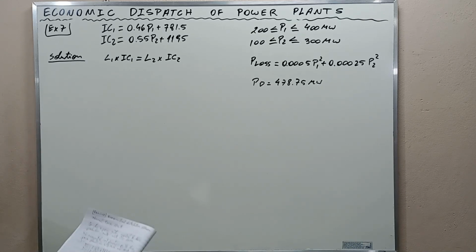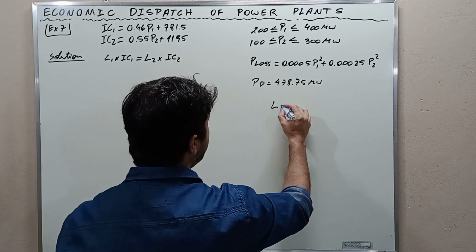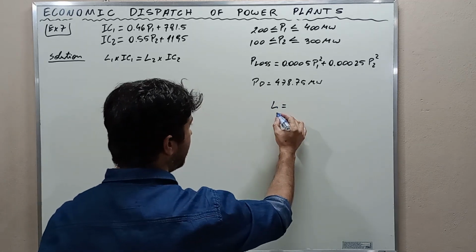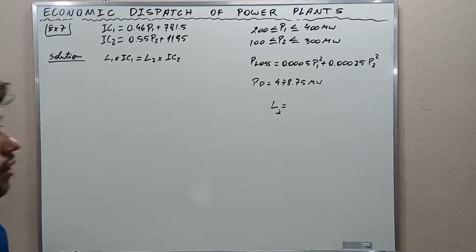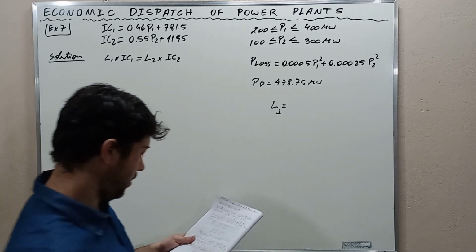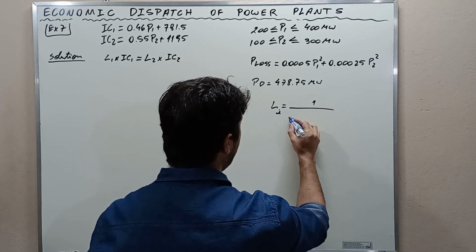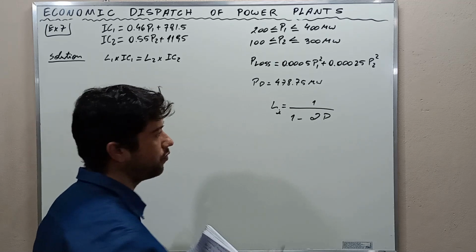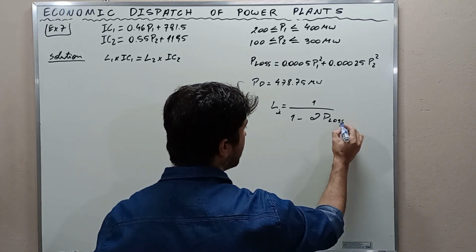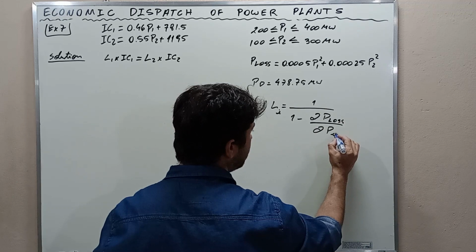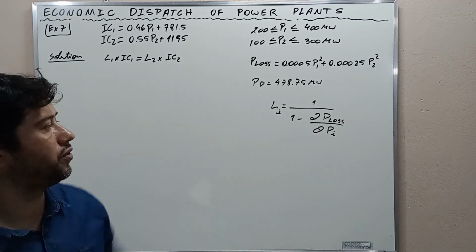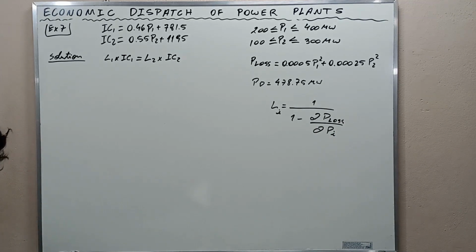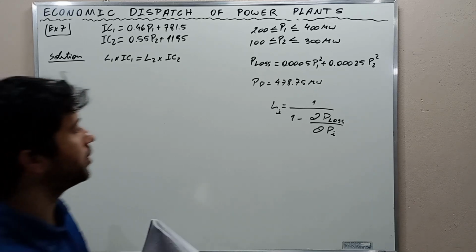Okay, and we already know that the penalty factor of a power plant i is equal to 1 over 1 minus the partial derivative of the expression of losses with respect to the power output associated with this power plant, okay? And we are going to use this expression here.